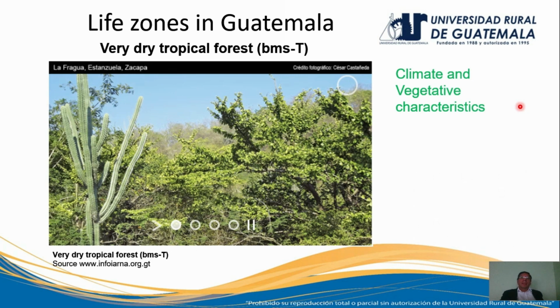The very dry tropical forest, bosque muy seco tropical, has unique climate and vegetative characteristics. We can see a cactus and also some shrubs that are the unique characteristics of this life zone. Let's continue.